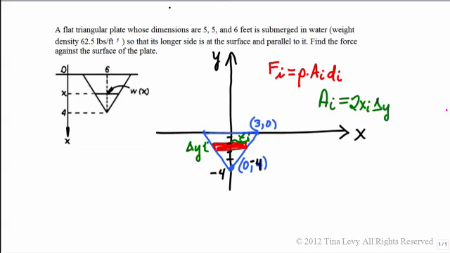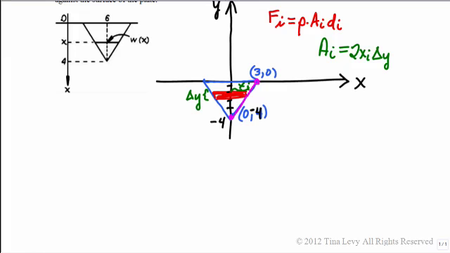Okay, you guys, so now I'm going to have to replace the x sub I, where x will be a function of y. So I need to get the equation of this line, because that's what's going to give me my x sub I. So now we have to use our techniques for getting the equation of lines.